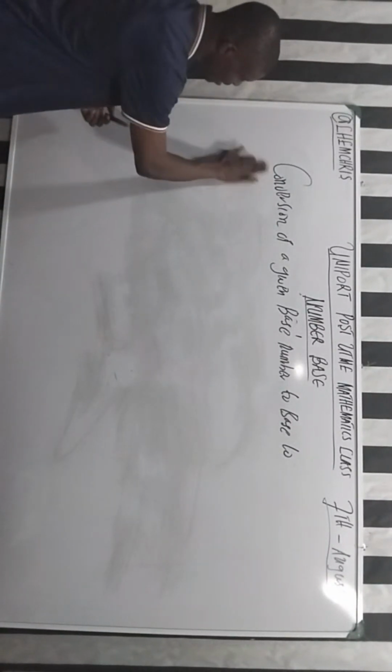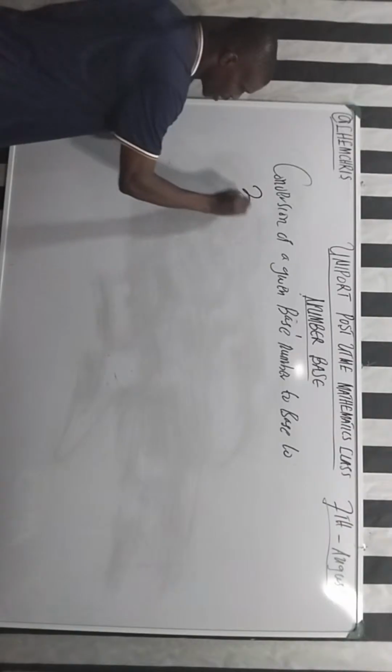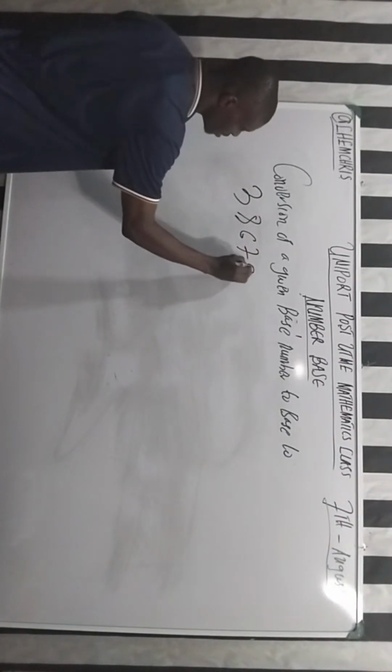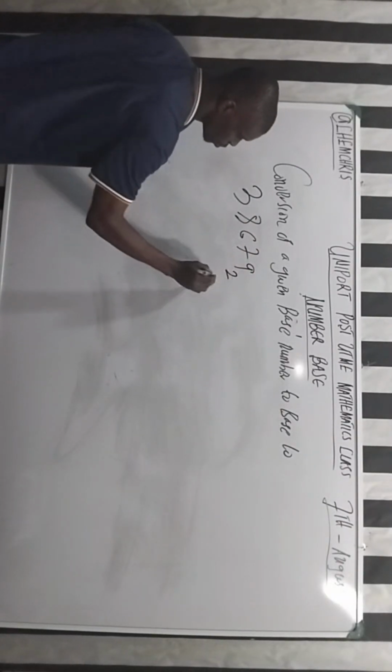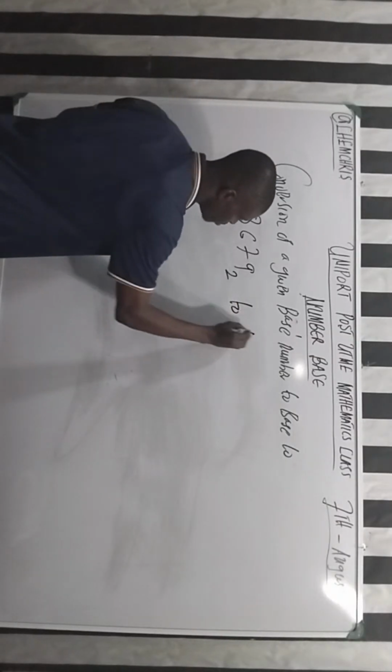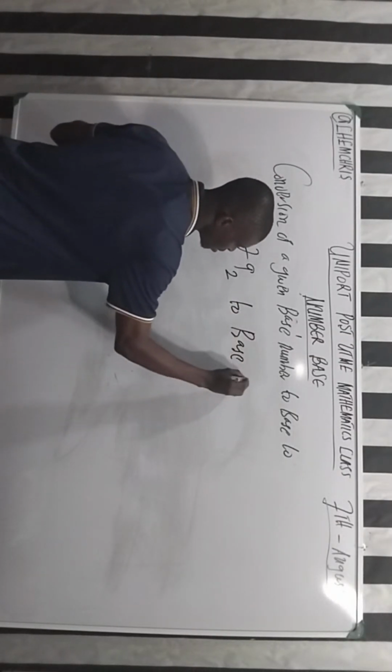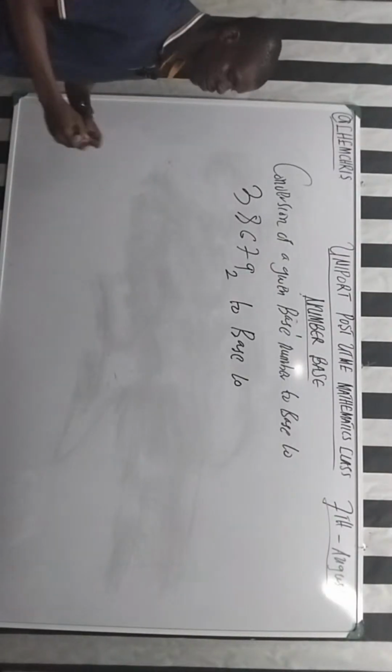Now, if I have something like this, 38679 base 2 to base 10. Now look at this guy here.